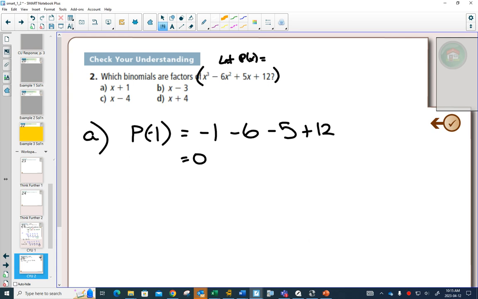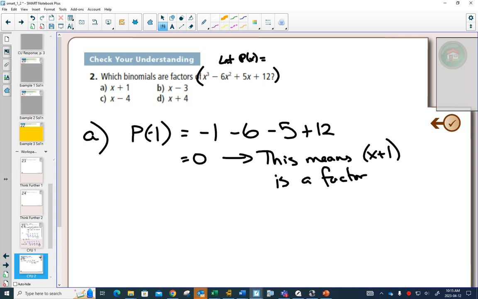The other values that we have in this question, I probably would use synthetic division. So we're going to write here, this means x plus 1 is a factor, because we got a remainder of 0.